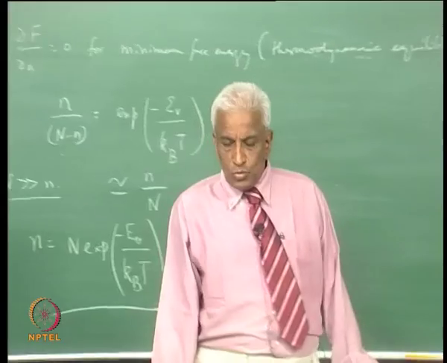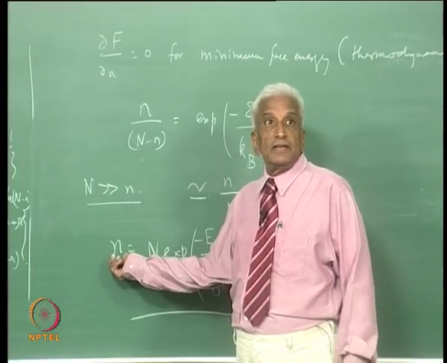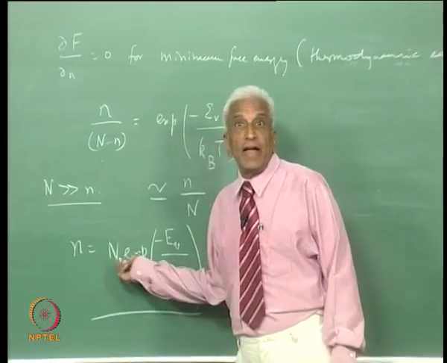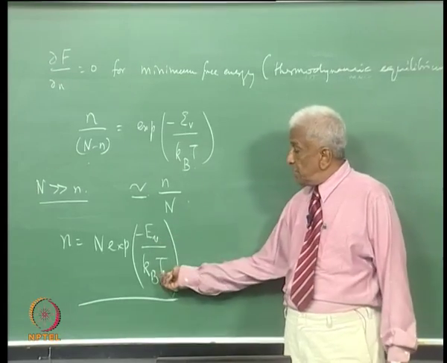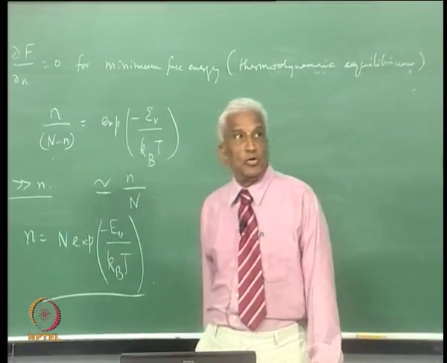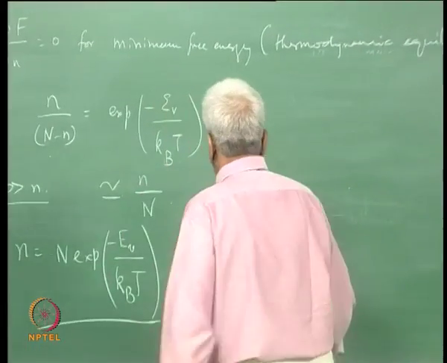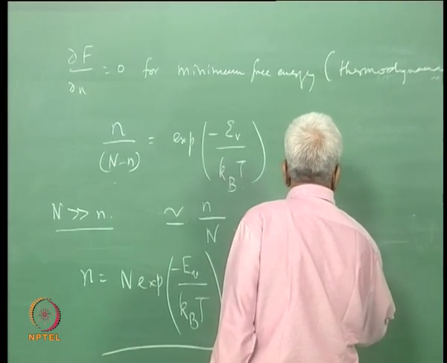That tells you the number of vacancies as a function of the total number of atoms, the energy of creating the vacancy and the absolute temperature. k_B is the Boltzmann constant. Usually the energy involved, E_V, is of the order of 1 electron volt.